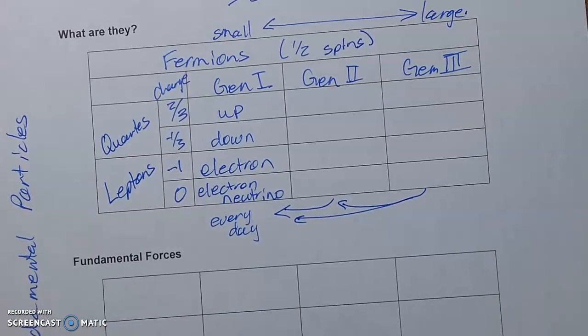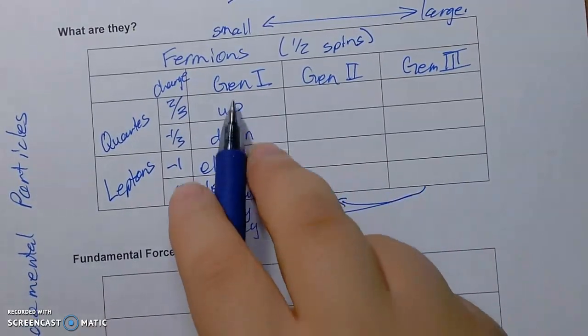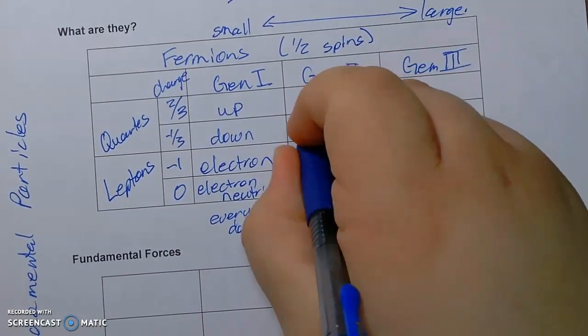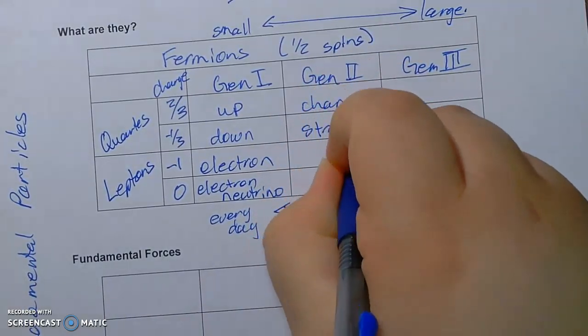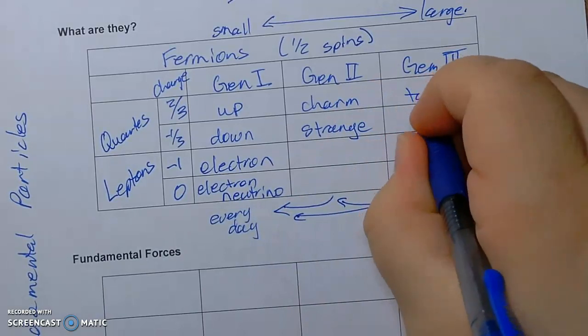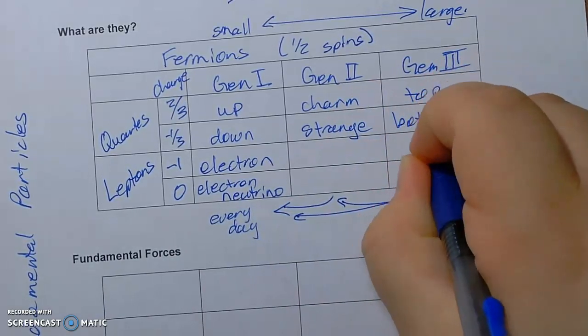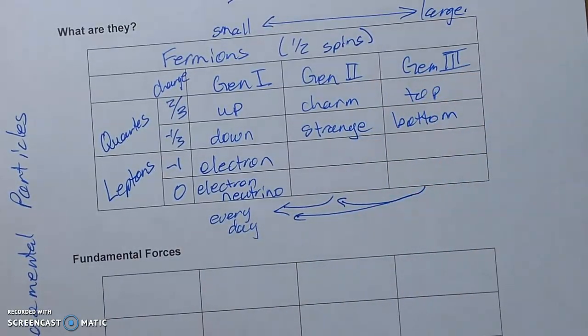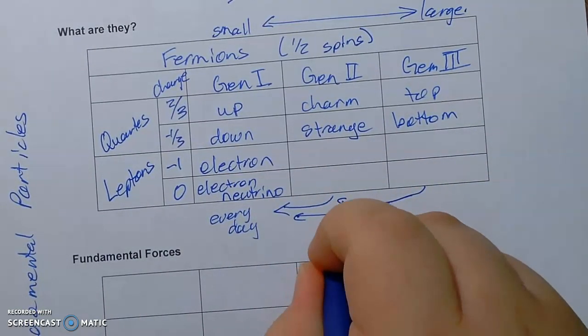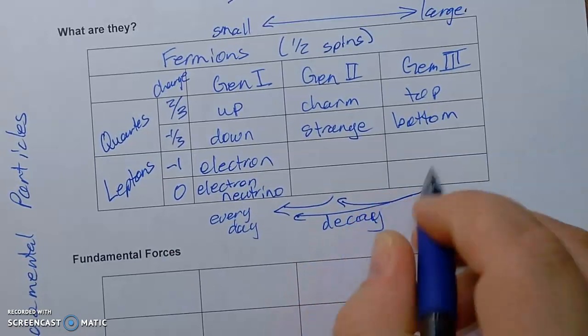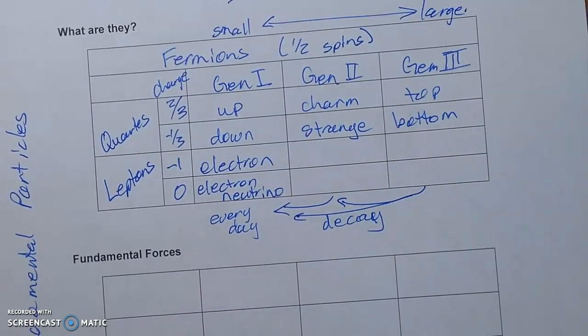If they randomly disappeared, that'd be weird. Life would change quite dramatically. So we have our up and down, which are generation 1. We have our charm quark and our strange quark that are generation 2. And we have the top and bottom quark, which are generation 3. Now again, they don't last very long. They decay into the previous generations.